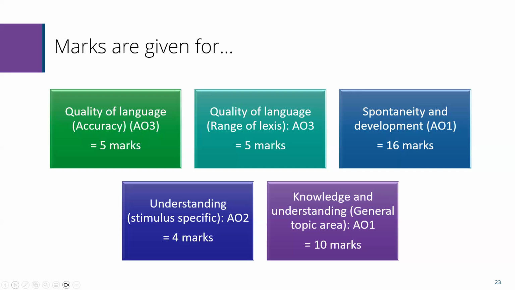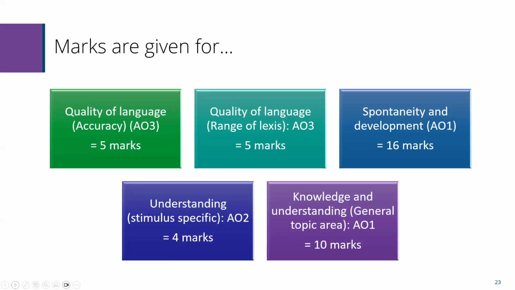I've exemplified in those answers about the card and also in my comments about facilitative examining, about you listening and basing the questions that you ask on what the candidate has said to you, and pushing them to do that. So spontaneity and development gets 16 marks.